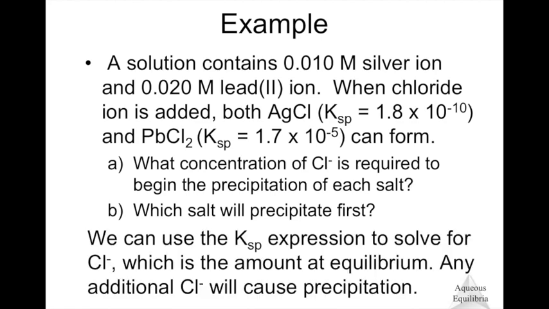So to do this, we can just use your KSP expression and solve for Cl minus. And so that's going to tell you the amount at equilibrium. So since you're at equilibrium, if you were to add any additional Cl ion, that's going to cause some precipitation because now you've shifted your reaction, you're shifting it back to the left to cause that extra to get used up.